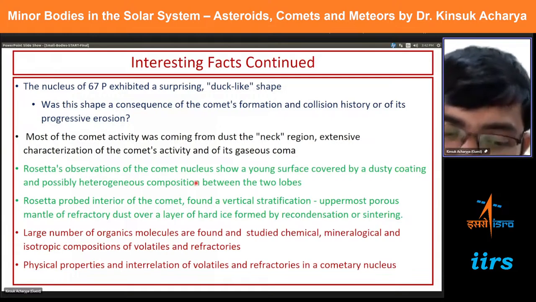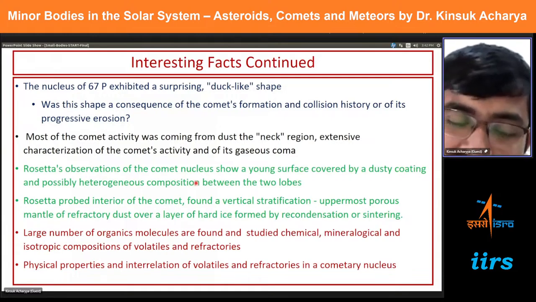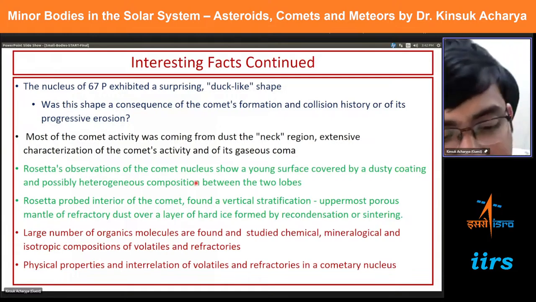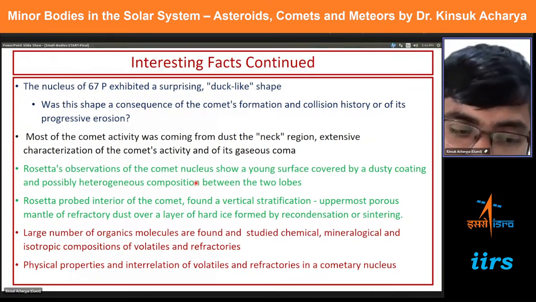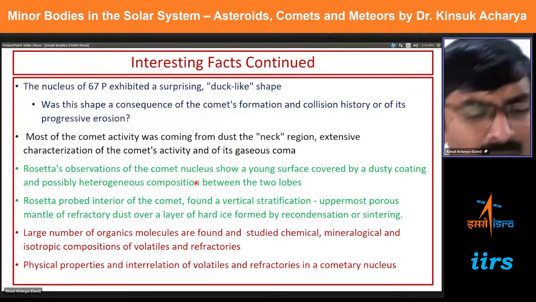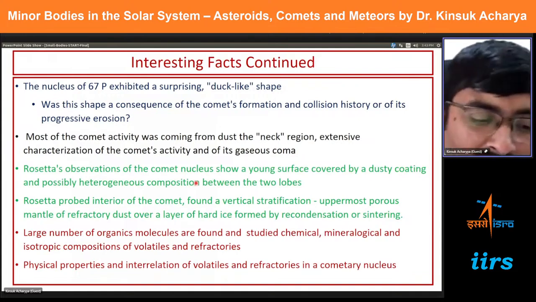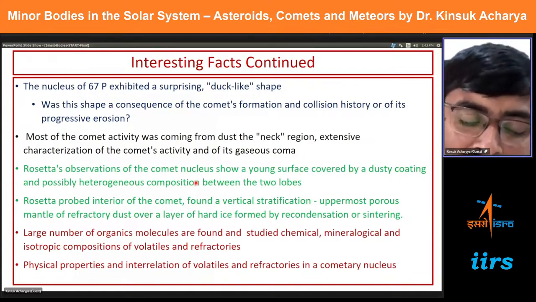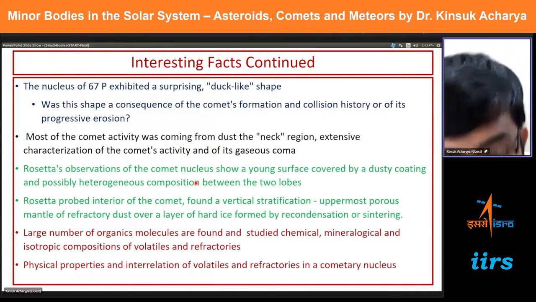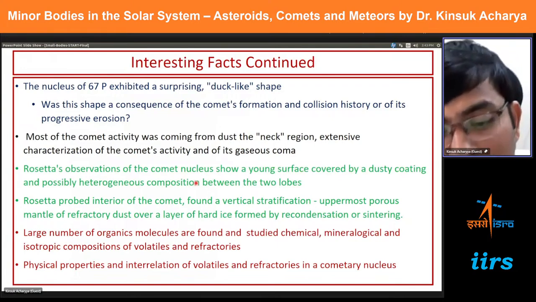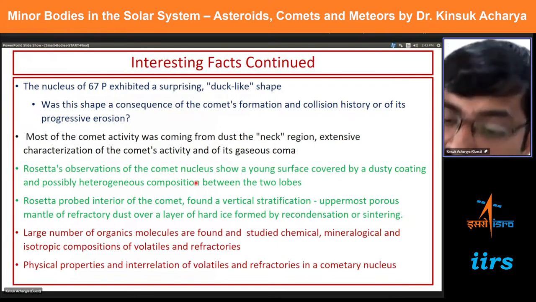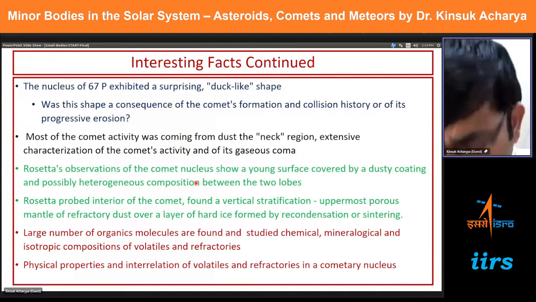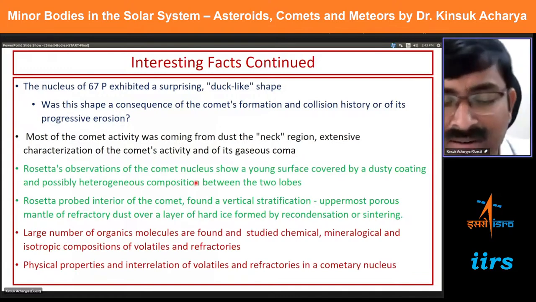More than half of these organics are probably the result of these observations. So that means you can correlate these physical properties of various volatiles and refractories in the cometary nucleus, and they are also interrelated.